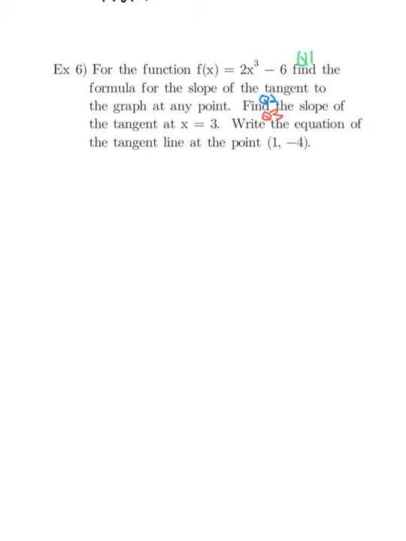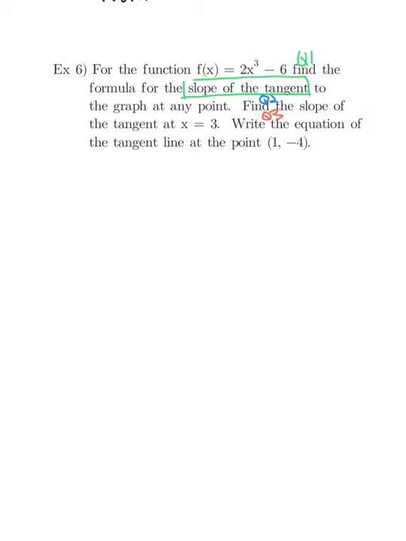So we've got 3 things to do here. First, we want to find the formula for slope of the tangent. What is it in the wording here that's telling me find the derivative? This phrase right here, find formula for slope of the tangent. That's what's telling me find the derivative.